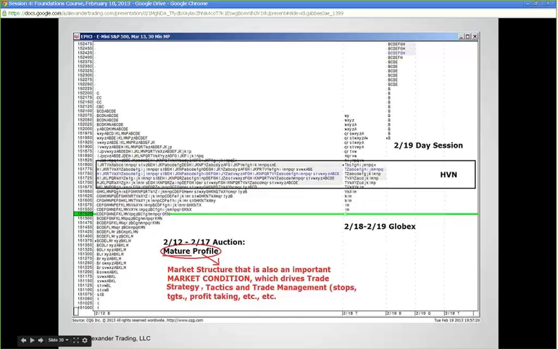Now this is the 212 through 217 auction. It's a mature profile.